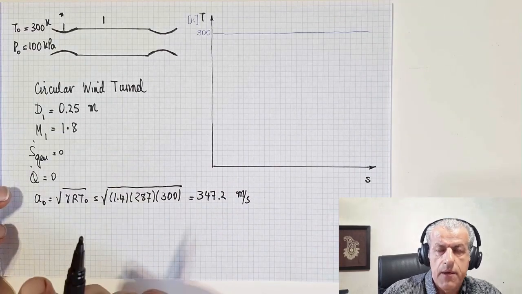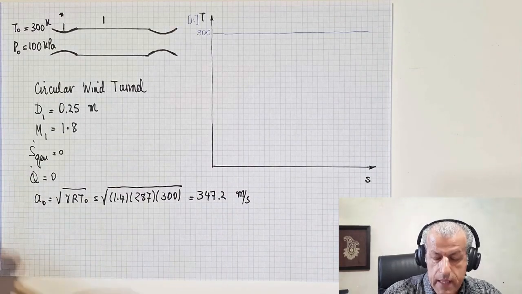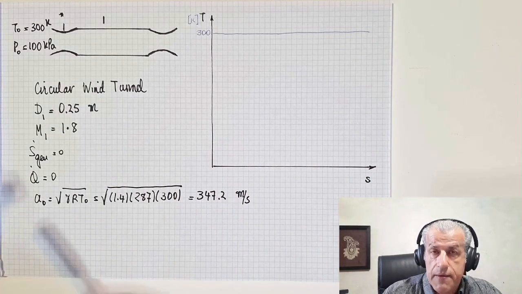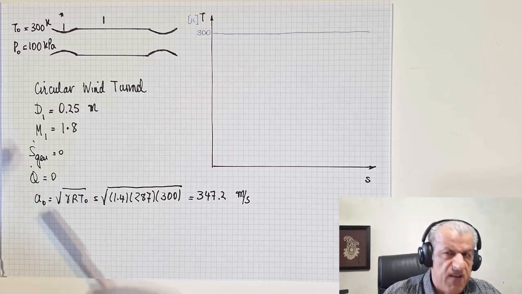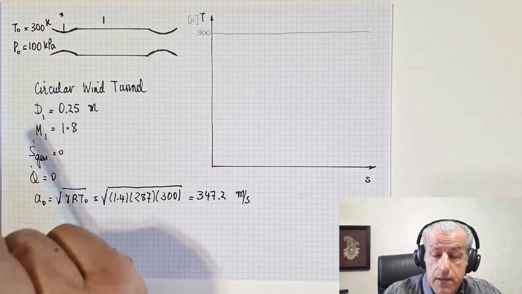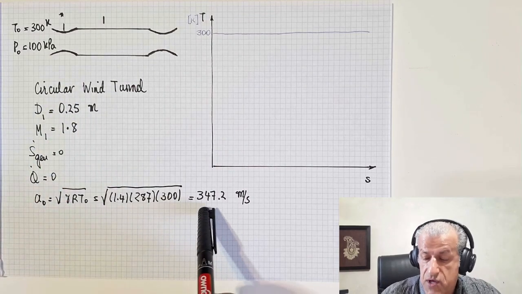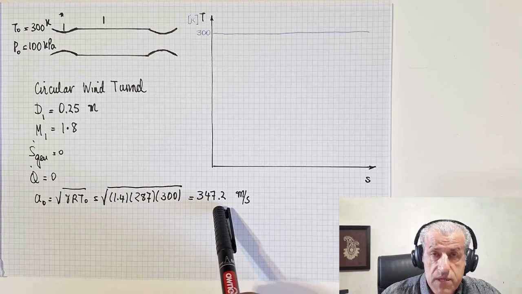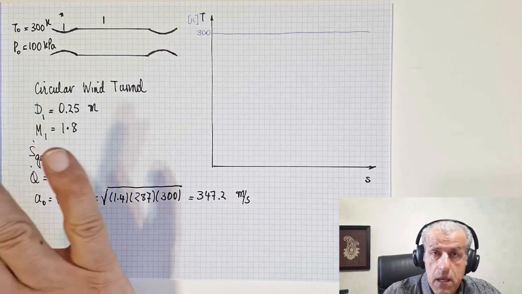So we already know that a sonic wave, a very small pressure wave, travels at a speed of 347.2 meters per second in the entry air.